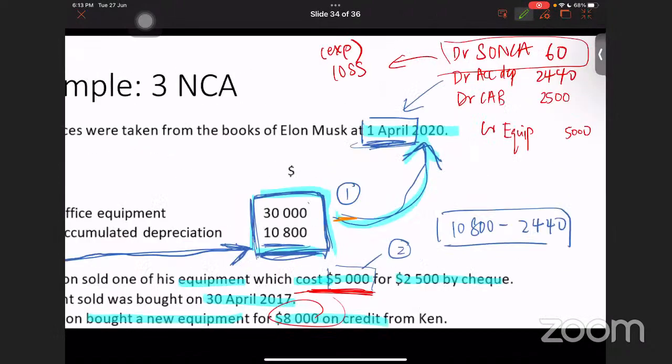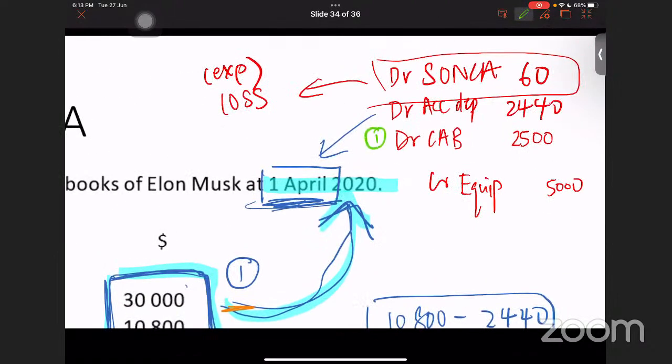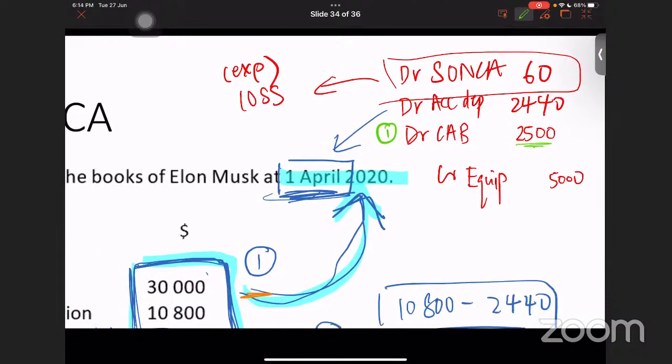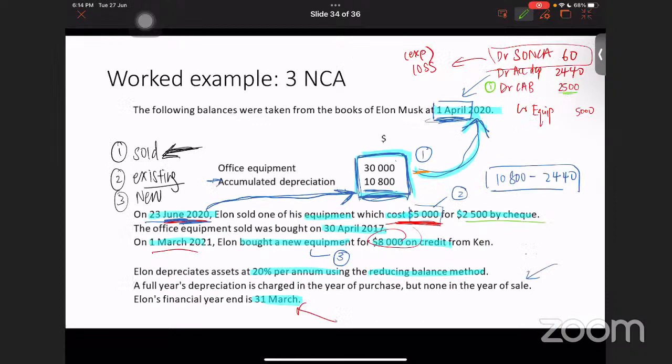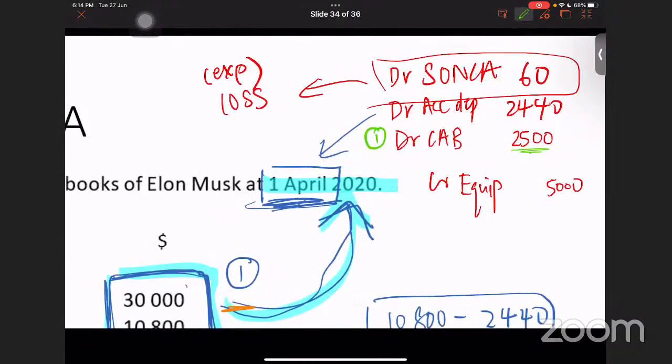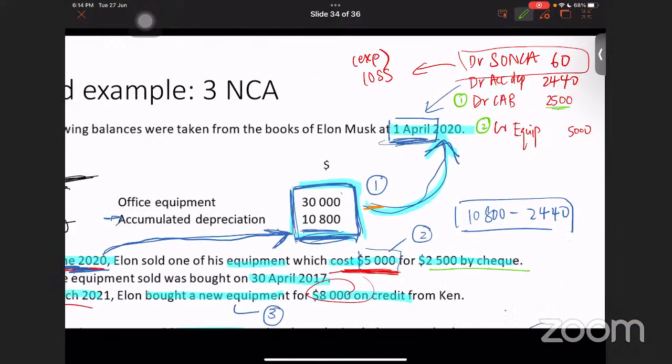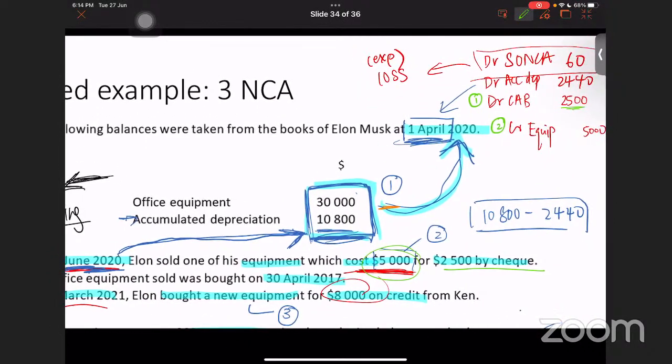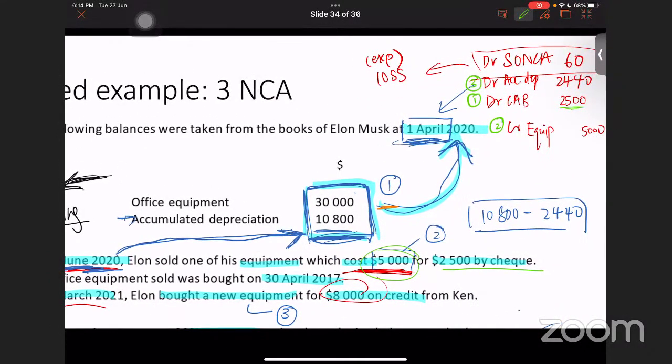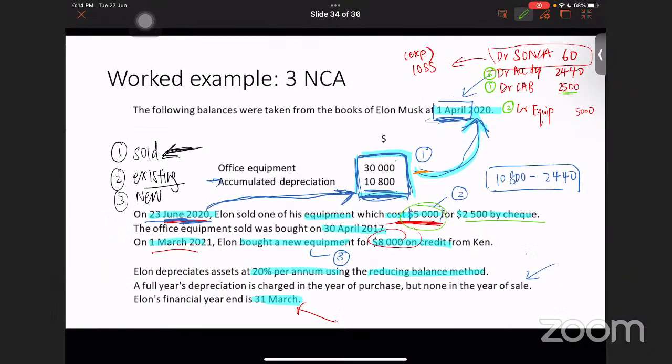Okay, so repeat again. First, I debit the money that comes in. Okay, which is here. Second step, I remove the NCA. I credit NCA because no more NCA, right? Okay, so I know that it costs $5,000, so I credit it. Third step, I need to remove the accumulated depreciation that comes along with it. So how much is the accumulated depreciation when we sell?